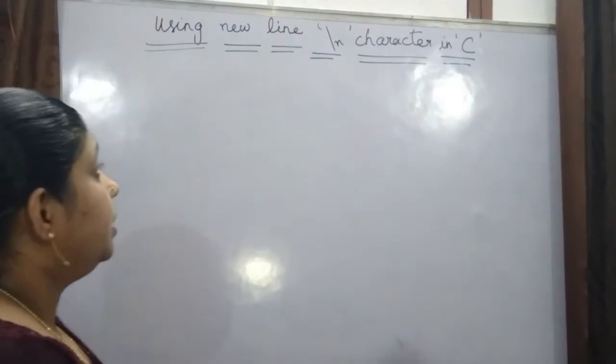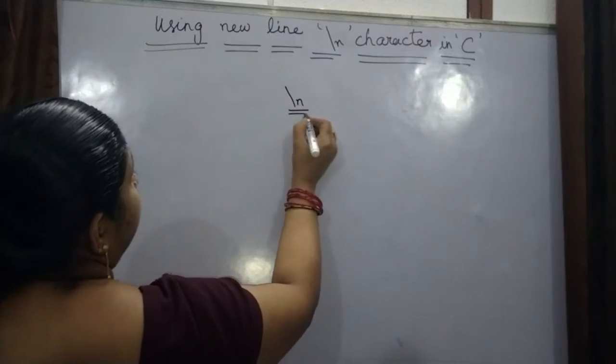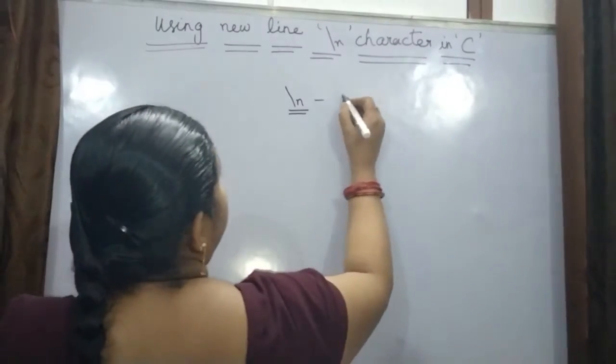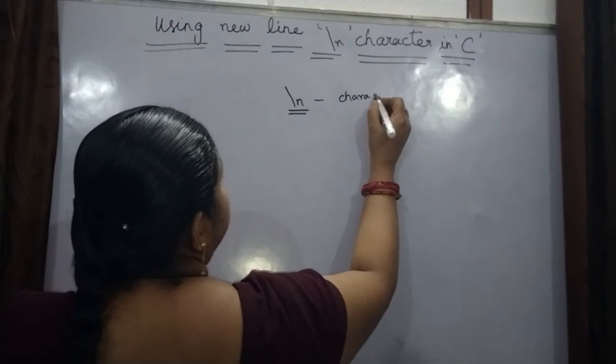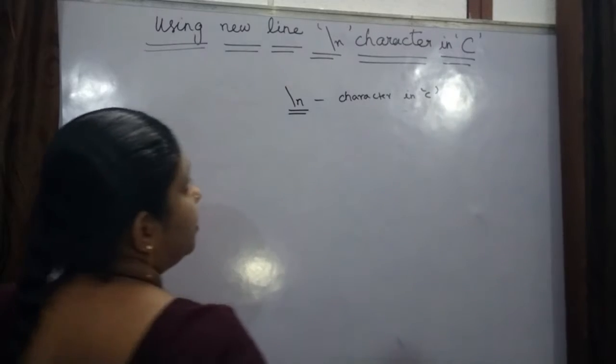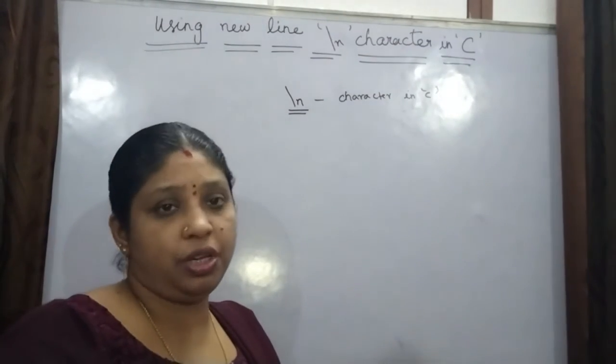Now I said \n. What is this? This is a character which is used in C language. What is the purpose of it? Why do we use it?